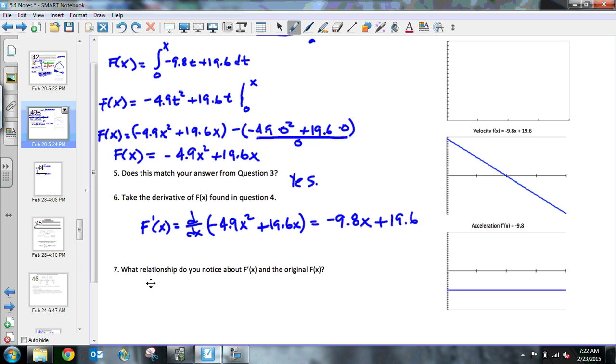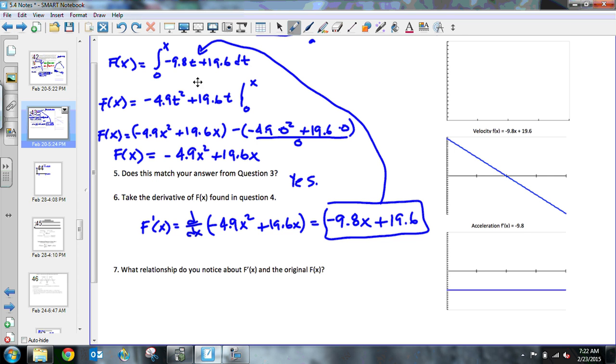Here's the big picture. What I notice is that this function is the same thing I had as my integrand, except my variable has changed. I now have an x instead of a t.